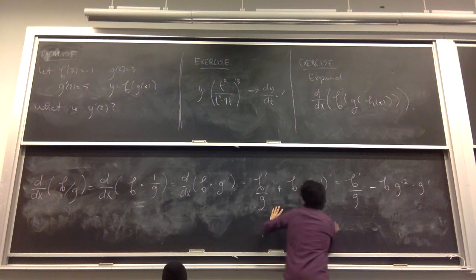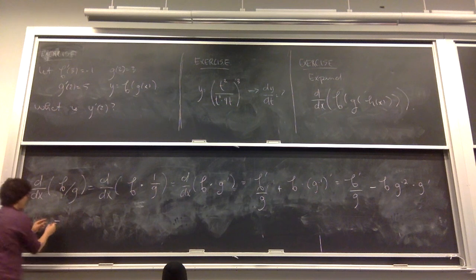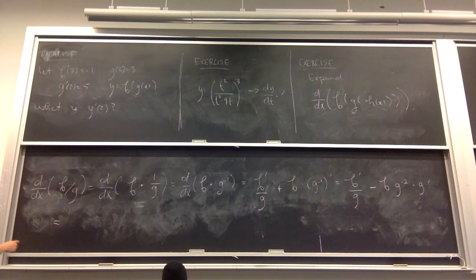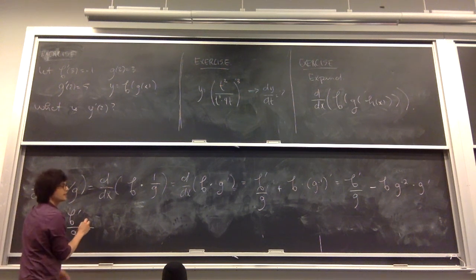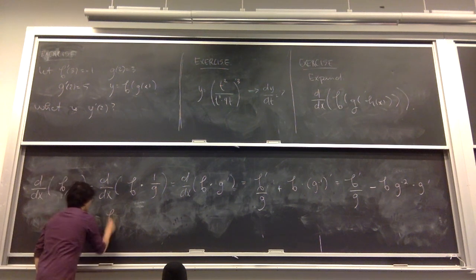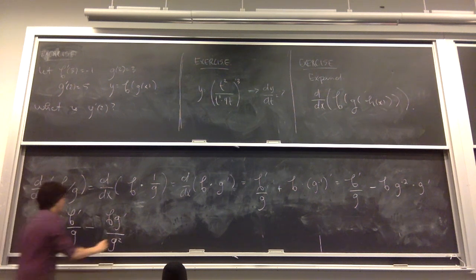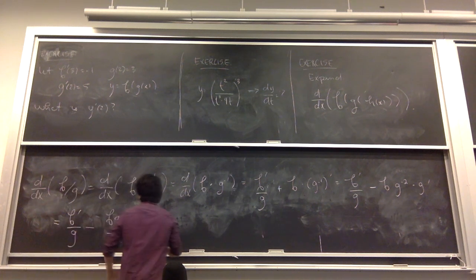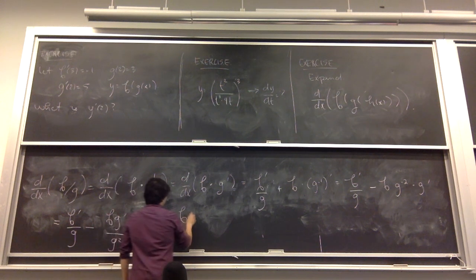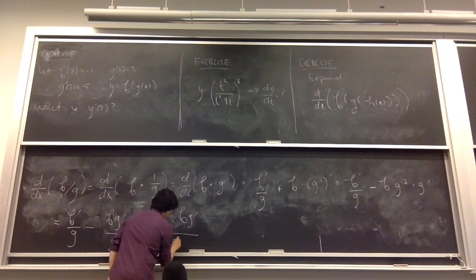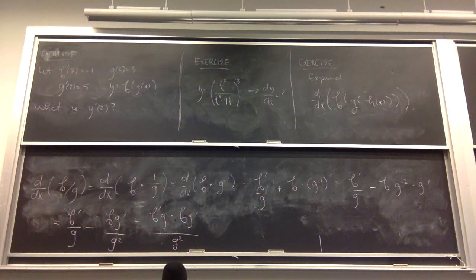If I reorganize this, I get f prime over g minus f g prime over g squared. And if I put everything over a common denominator, I get f prime g minus f g prime over g squared.